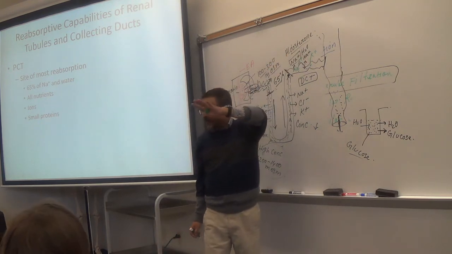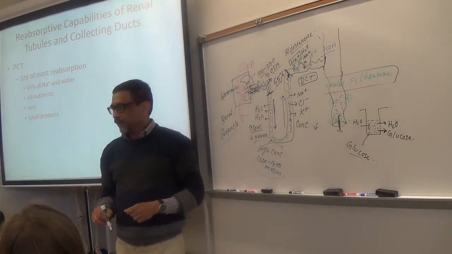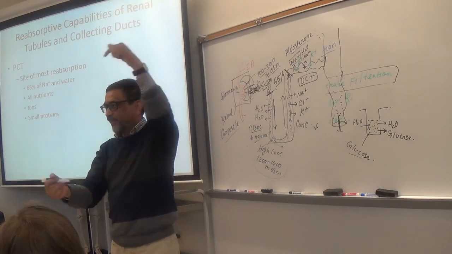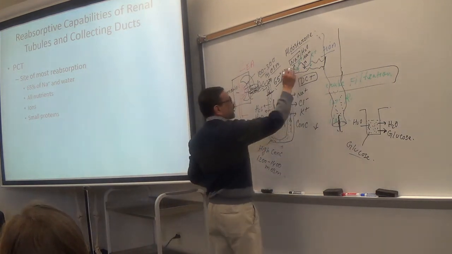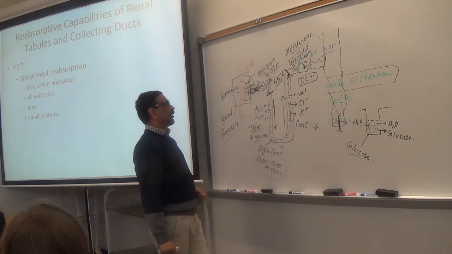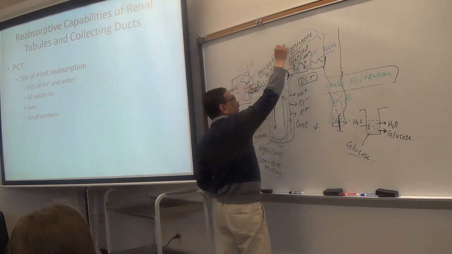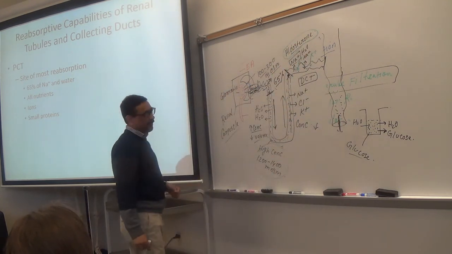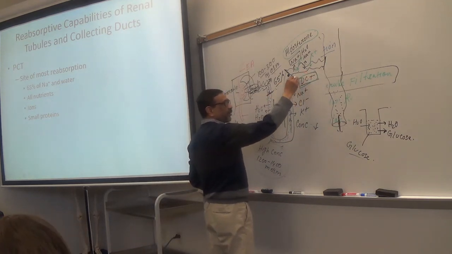You remember I said secretion means getting into the tube, right? Reabsorption is getting out, secretion is the opposite, getting in. So that happens when one sodium gets out, one potassium gets in. So that is the function of aldosterone, and it works on which part? Distal convoluted tubule. Okay.